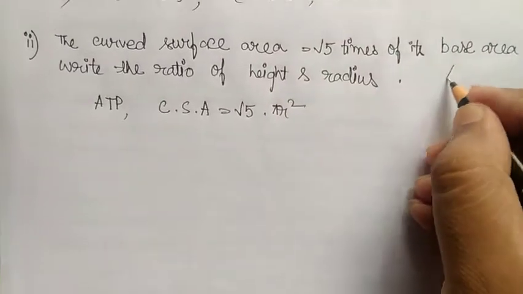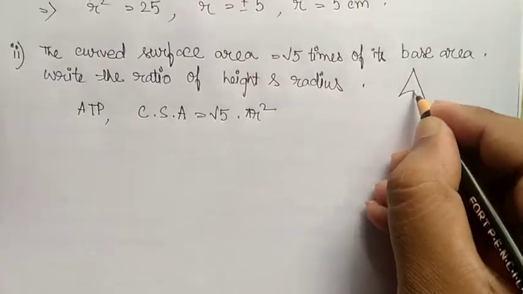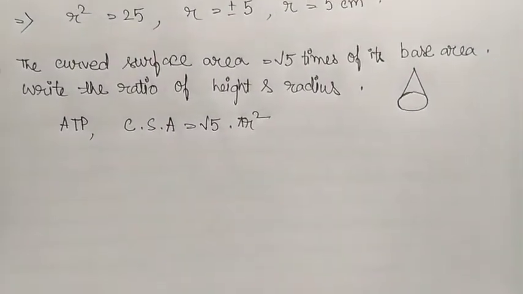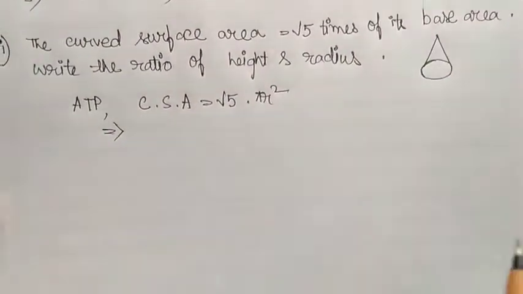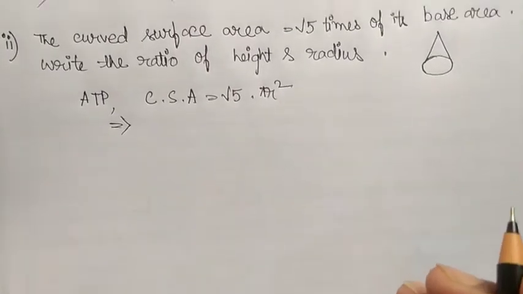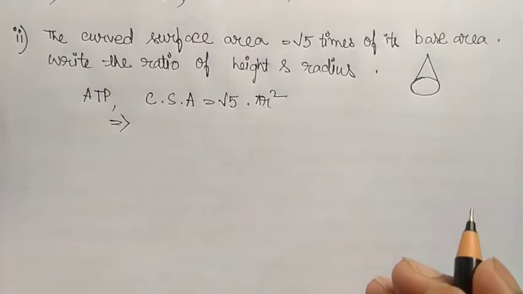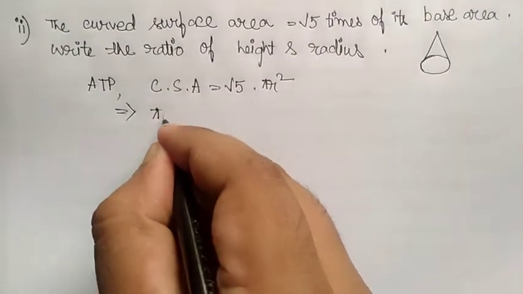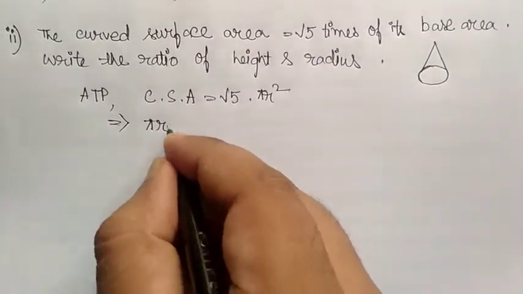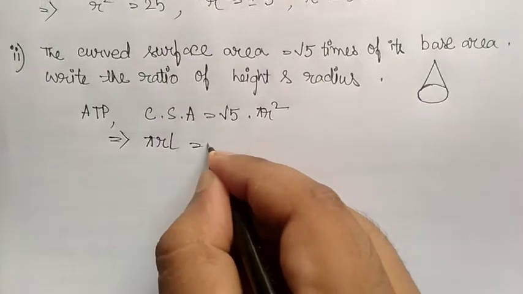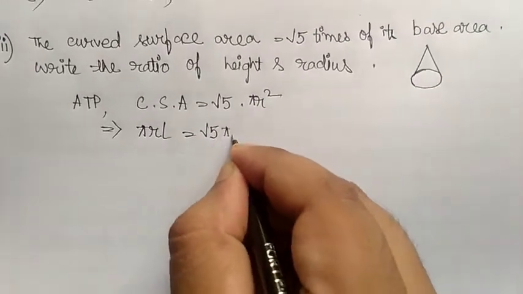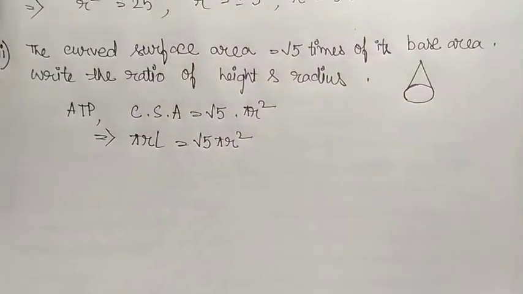We know if this is a right circular cone, the base is like a circle. So we know the formula: curved surface area means pi r L equal to root 5 pi r square.